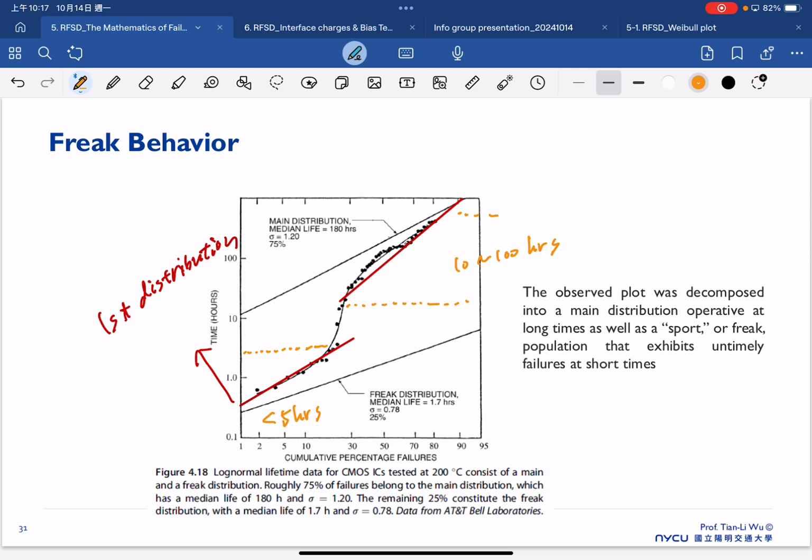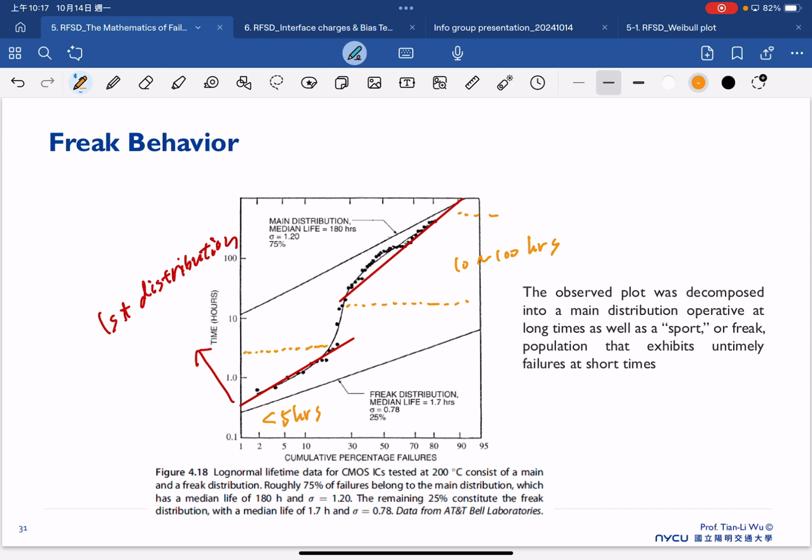So again, of course, if it is the first time for you to try to fully understand this statistical analysis, sometimes it's a challenge, and you will get confused about how this in the end correlates with our reliability physics and mechanisms. But this is one example of how this statistical fitting can help us.